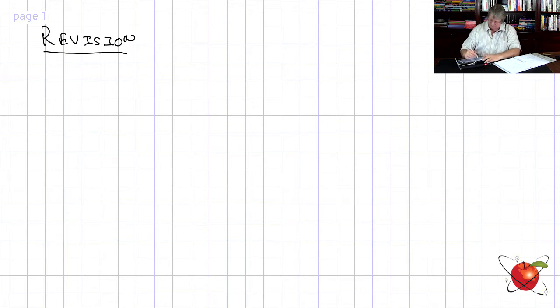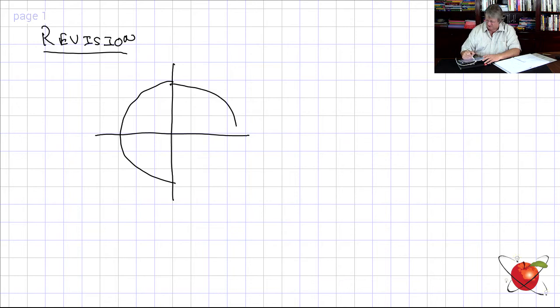So first of all, if I try and draw a circle as best as I can, that's not too bad, but could be better. Let's just leave it as it is. Let's put in our little r, and you can see we've got an x coordinate there, and a y coordinate there.